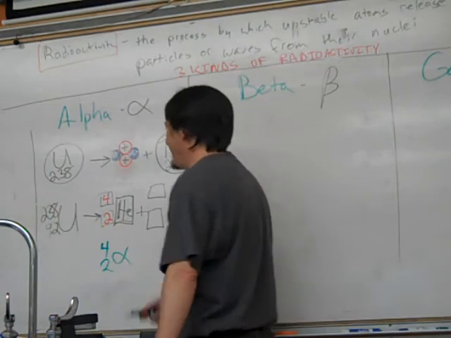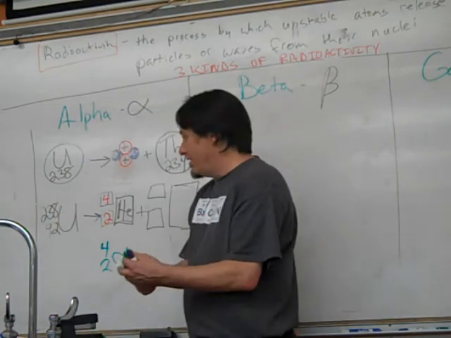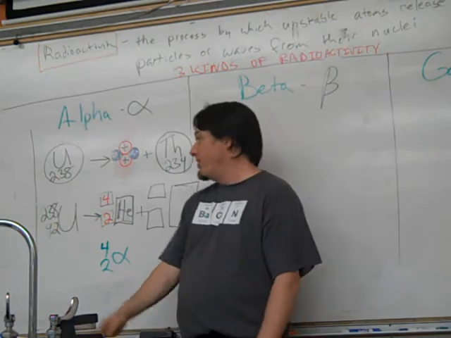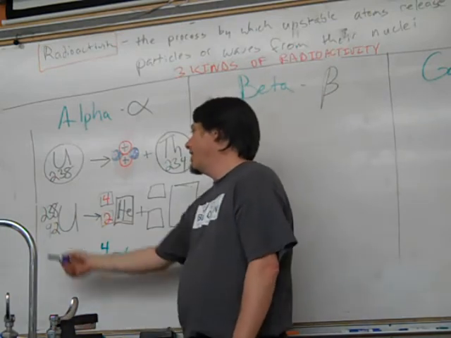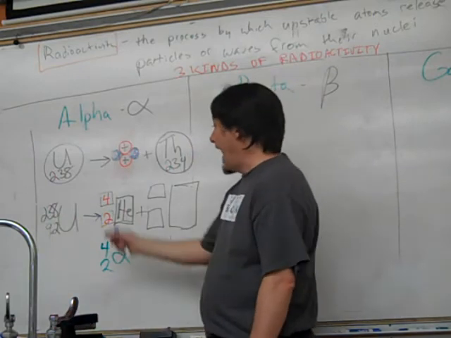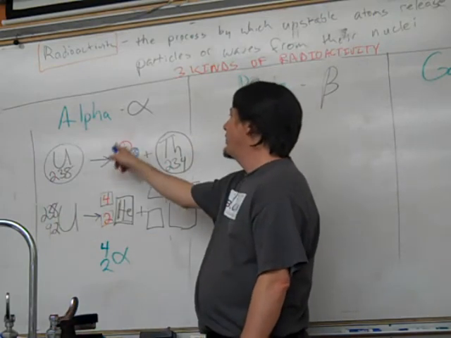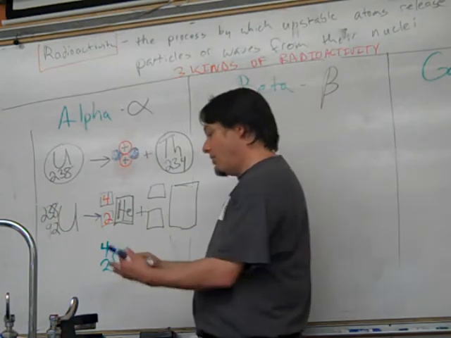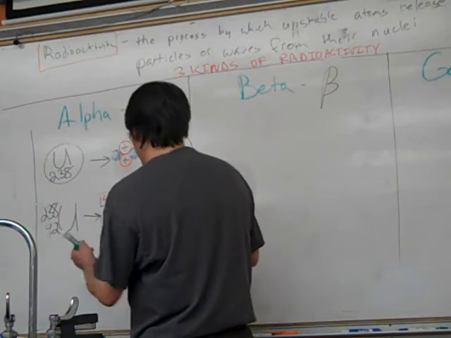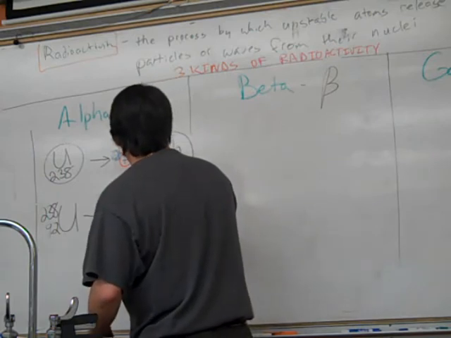You've got 238 total particles in the nucleus of this uranium atom, between the protons and the neutrons. And you take 4 away. You shoot 4 out. Well, this part's easy, right? It's just 234.